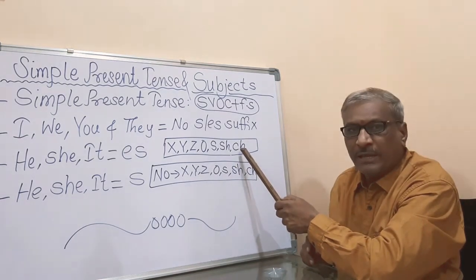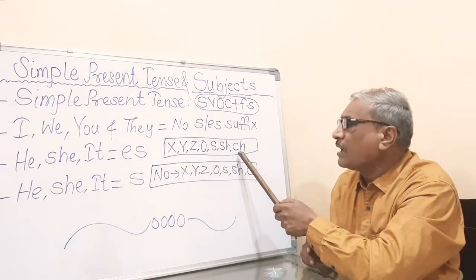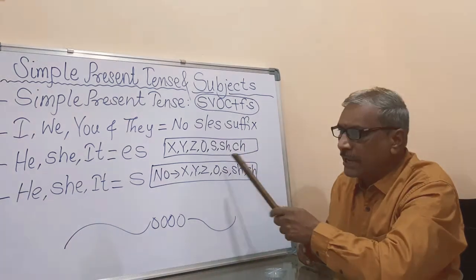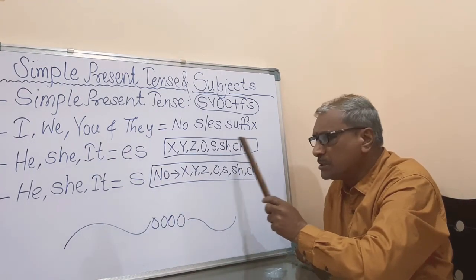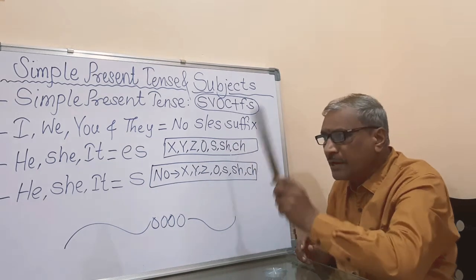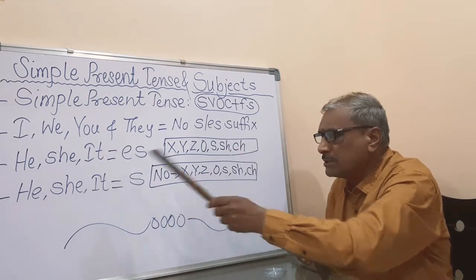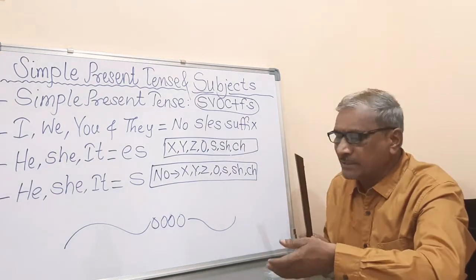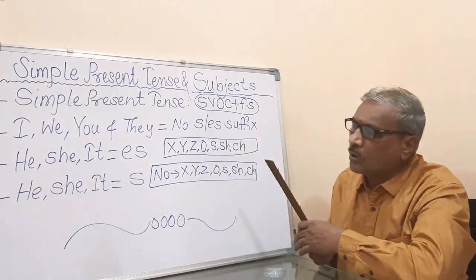Teach, T-E-A-C-H, teach. Reach, R-E-A-C-H, reach. So we can say he teaches, she teaches, it teaches. And in Indian English we say he reaches, she reaches, it reaches. Like this we can talk.